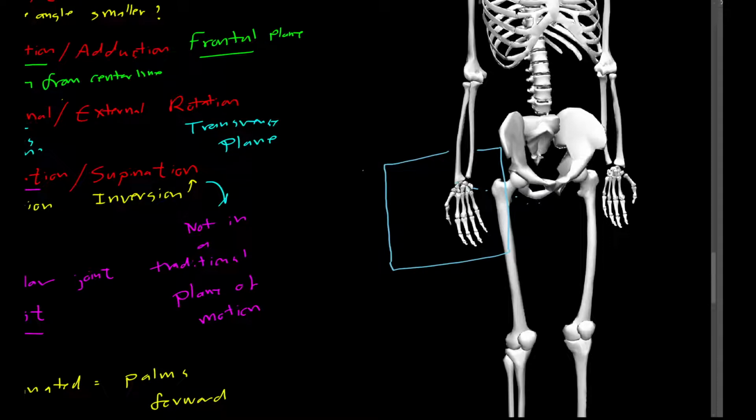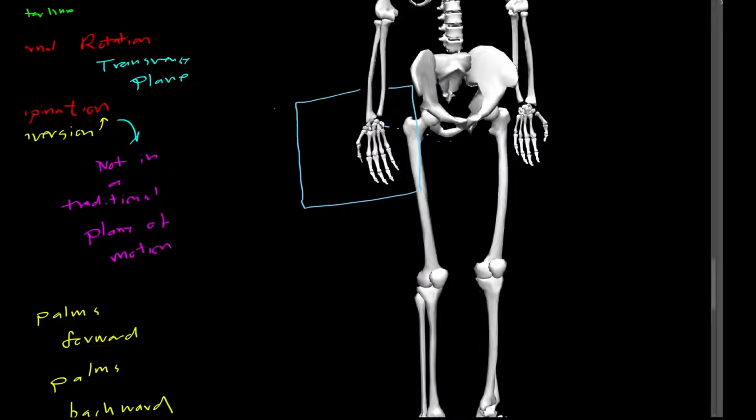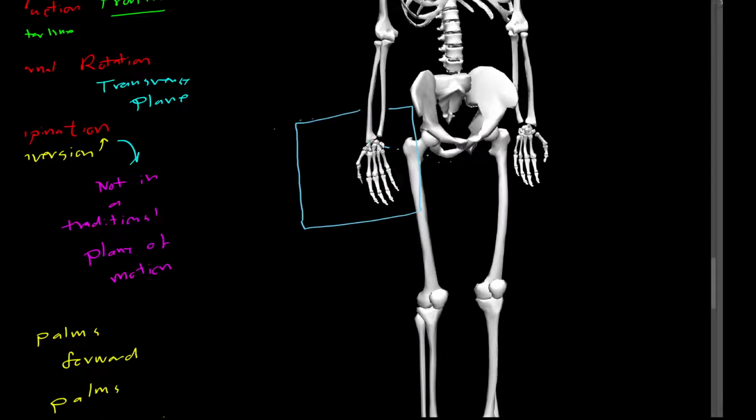So at the wrist we have ulnar deviation and radial deviation. As I was saying, that's rotation in a plane like this, meaning equivalently rotation about an axis of rotation like that. It's like waving to somebody, tilting your wrist like this, tilting your wrist like this.